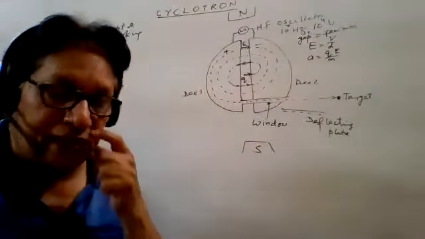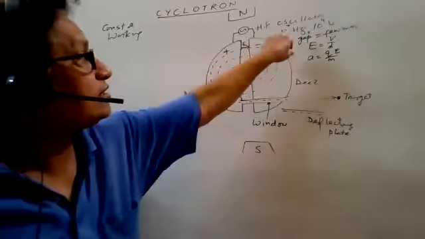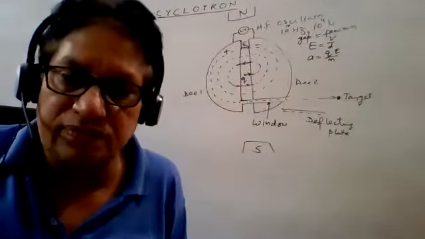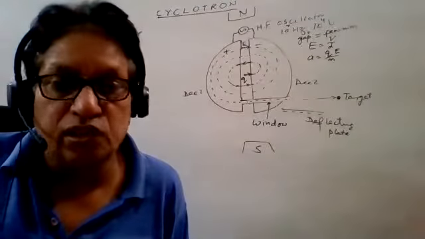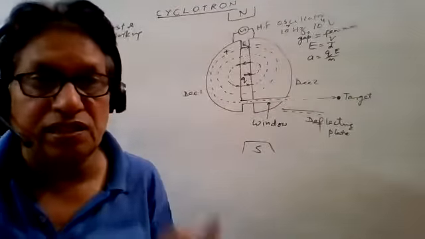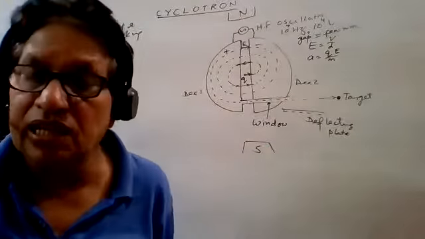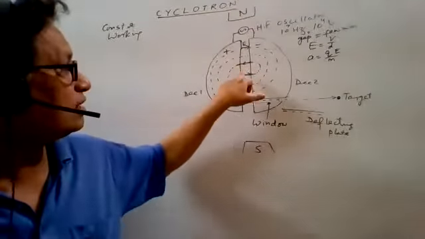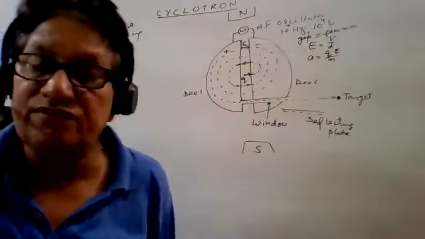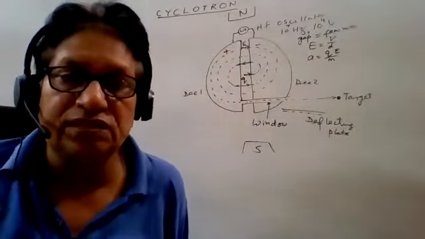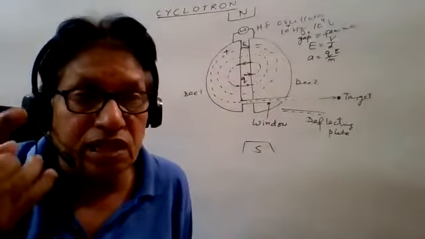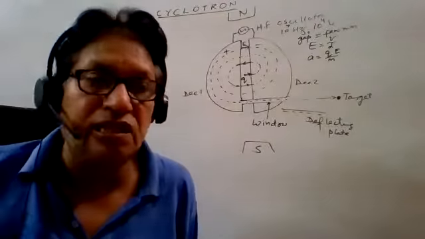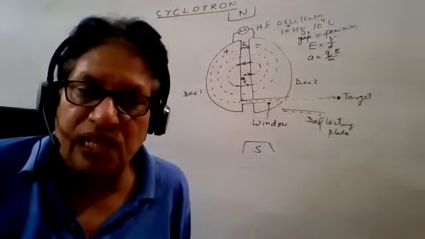And you can just imagine here, the frequency is 10 to the power 7. 10 to the power 7 means what? 1 crore. In one cycle, twice we are increasing the kinetic energy with the help of the electrical field. In one cycle, there are 2 direction changes of the electrical field. So we can say here in 1 second only, 2 crore times kinetic energy.